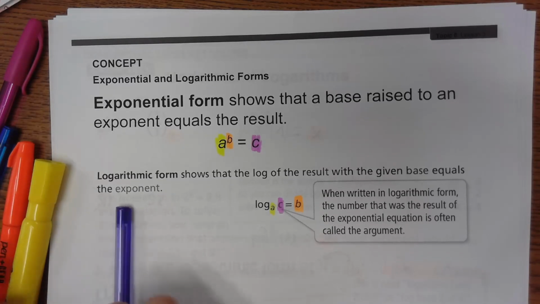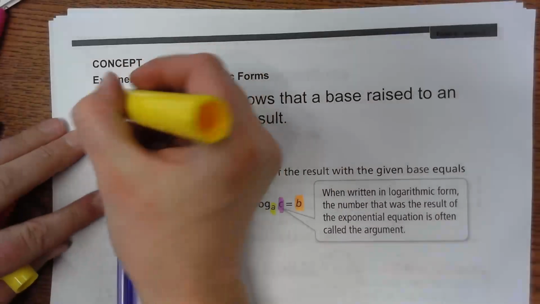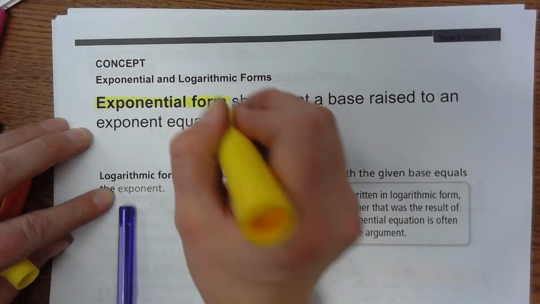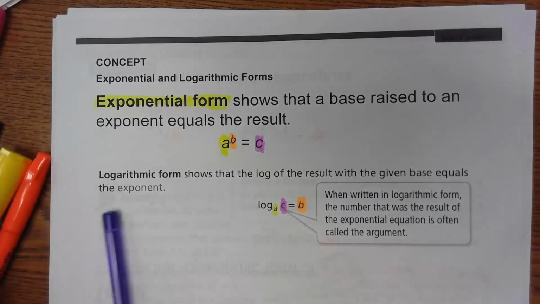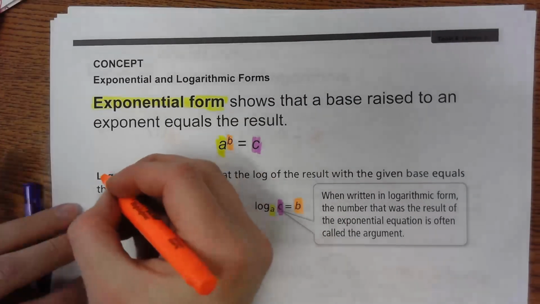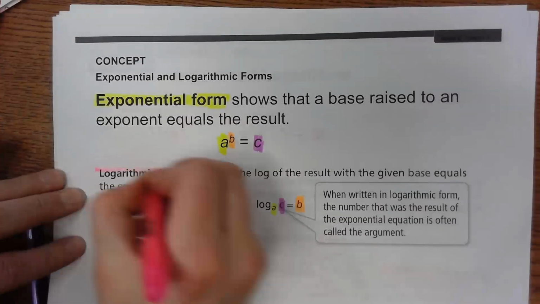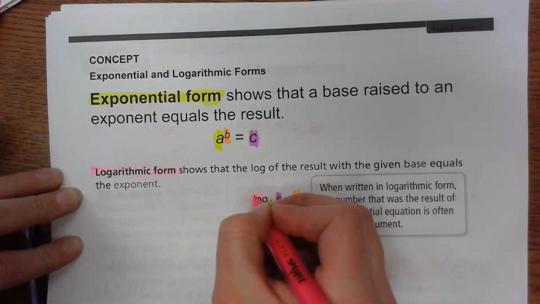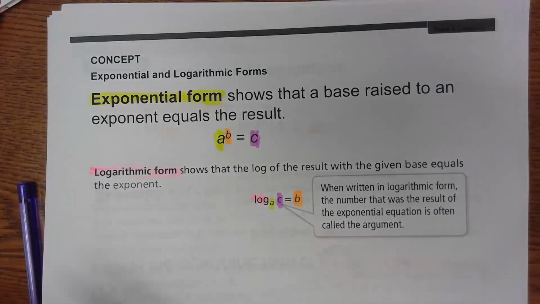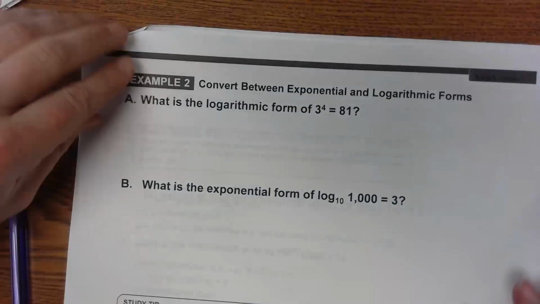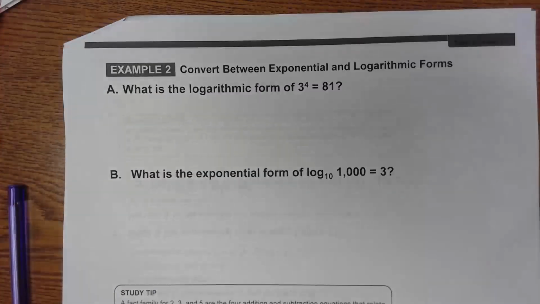Okay, so you have to know the difference: exponential form is when we have the exponent. Logarithmic form has the log involved, meaning that we have the log. Okay, so we're going back and forth between the two.